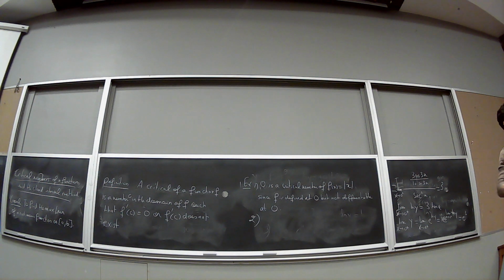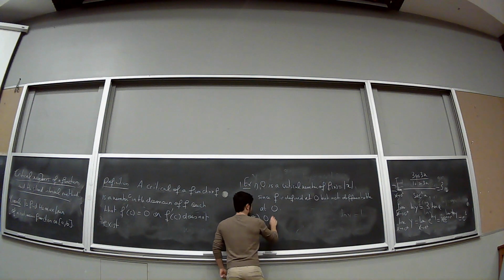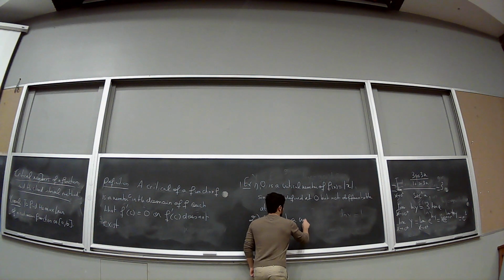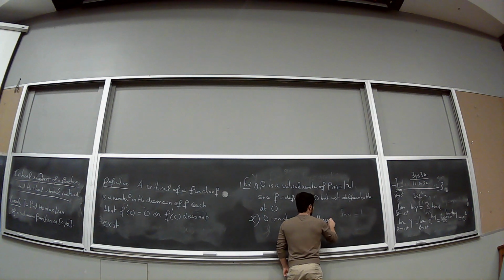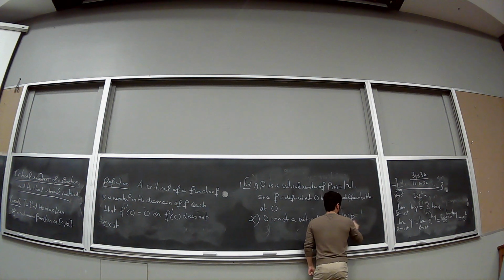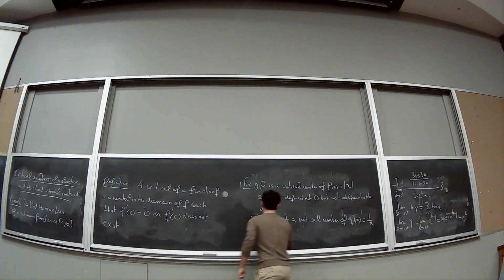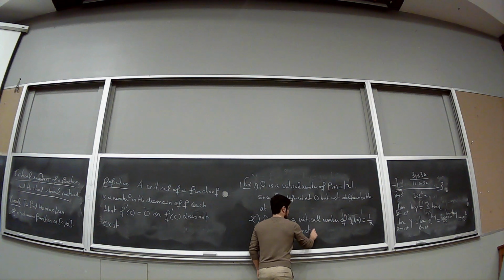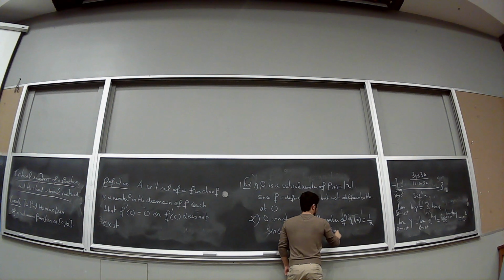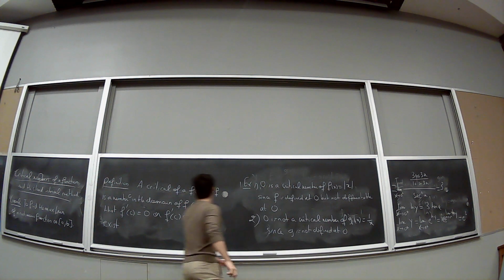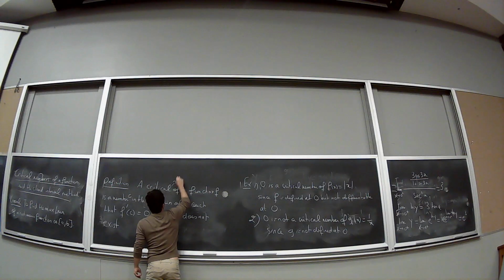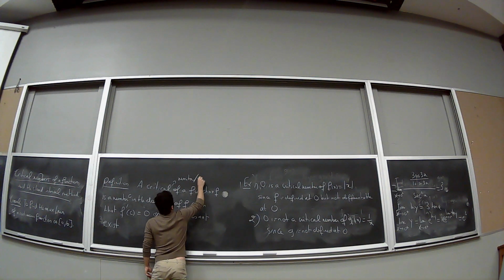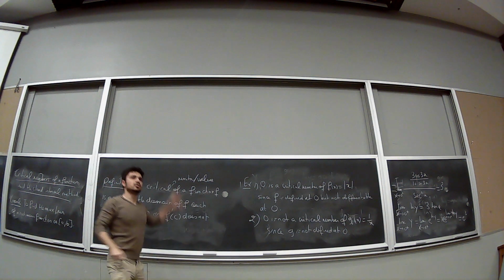No. So 0 is not a critical number of g of x equals 1 over x, since g is not defined at 0. A critical number or value, okay? Some use value, some use number. I think the book uses number.